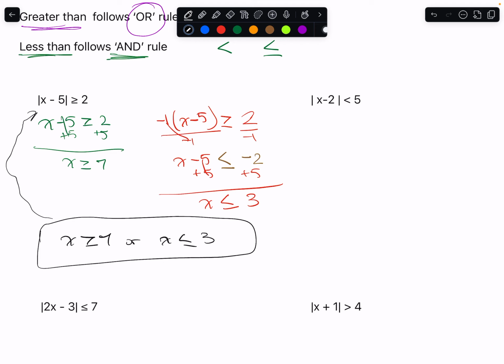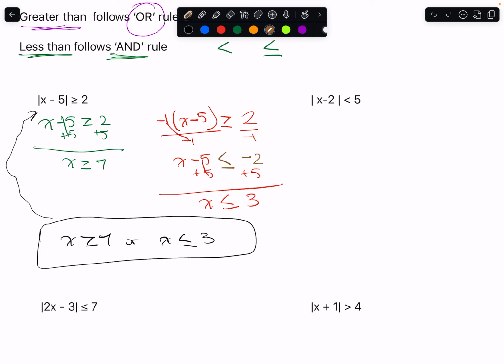Okay, now let's work on the next part. Looking now at this equation, we see here that it's an absolute value of x minus 2 and it's less than 5. Less than follows which rule? It follows and. So with our and, we know we're going to have positive. We're also going to have our negative aspect to it too.